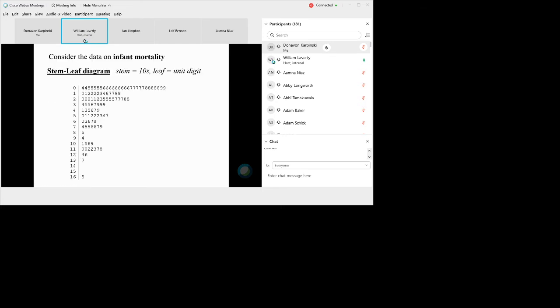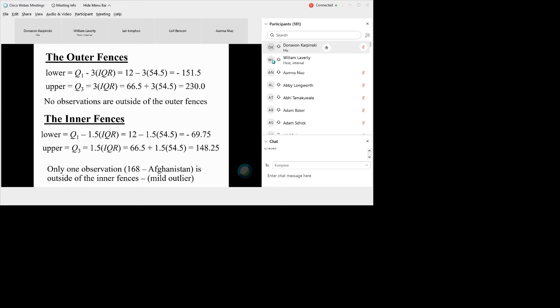Because this data is positively skewed, the lower fences are not that important. There's only one observation that's an outlier, that's 168. And it's a mild outlier. It's outside the inner fences, but not outside the outer fences. That's actually Afghanistan, the country that that data was collected from.